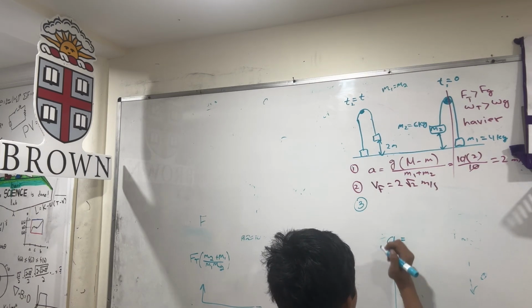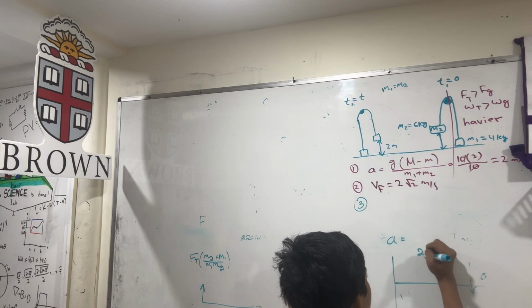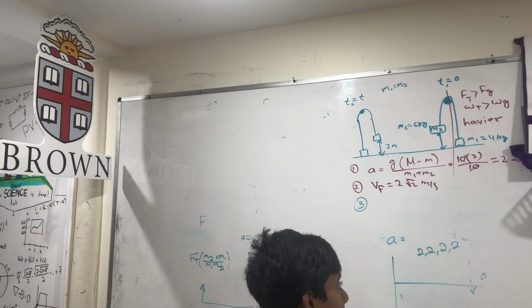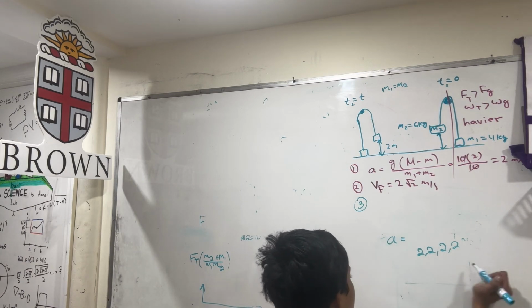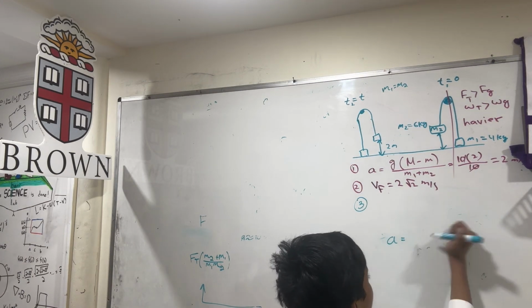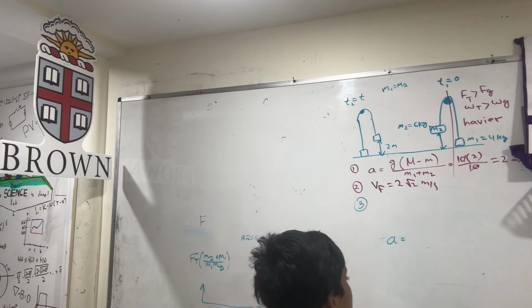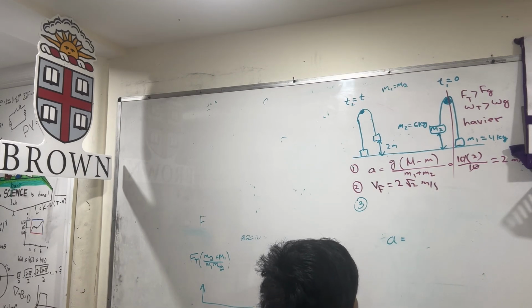Because, I mean, if you have the numbers 2, 2, 2, and 2, can you tell me their average? 2. Exactly. So average and instantaneous mean the same thing whenever our quantity is totally constant.